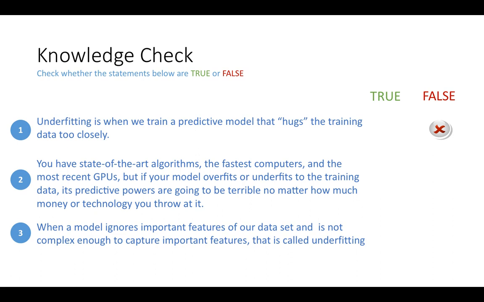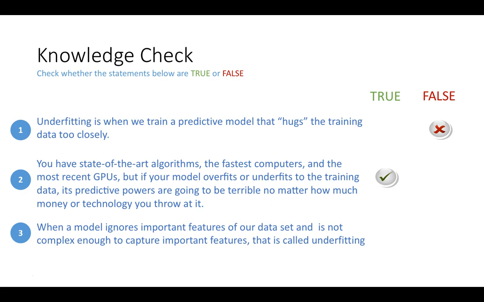No matter what technology you are using, if your model either underfits or overfits, it is a terrible outcome. Agreed or not? Yes, you are right. Underfitting or overfitting, both are not good for building good models.